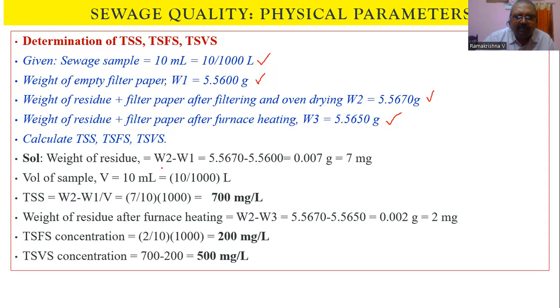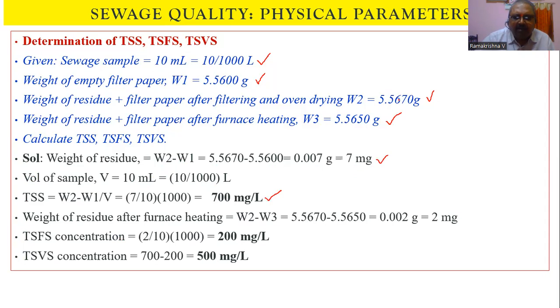So the difference of W2 and W1 is going to give you 7 milligrams. This is the amount of suspended solids present in 10 ml. So 7 milligrams in a volume of 10 ml, or 10 by 1000 liters, is going to give you 700 milligrams per liter.